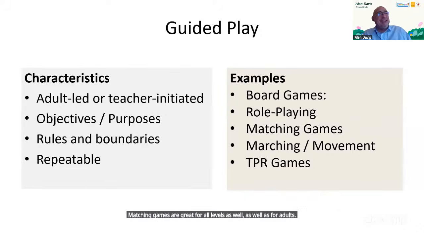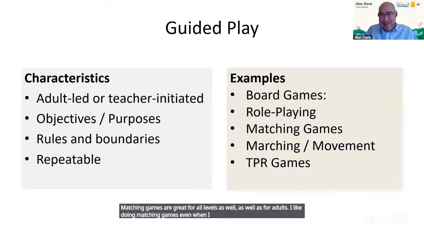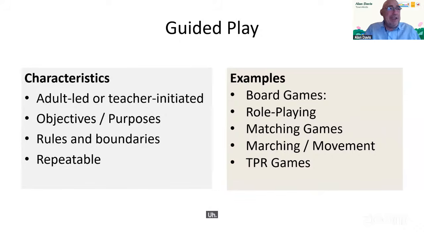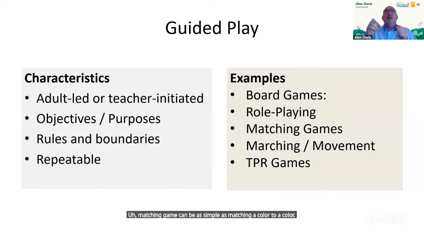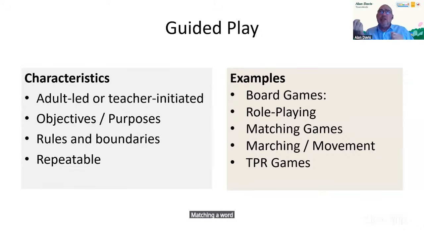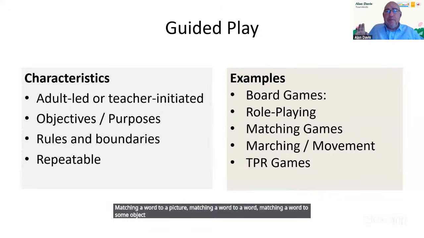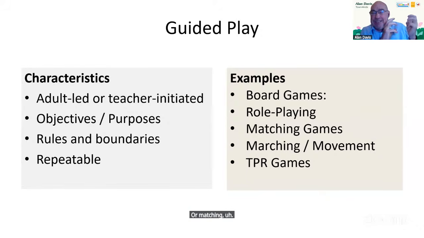I like doing matching games even when I'm teaching adults. A matching game can be as simple as matching a color to a color, matching a word to a picture, matching a word to a word, matching a word to some object in the room, or matching an abstract picture to some kind of idea, right?